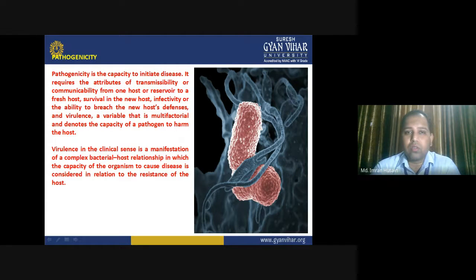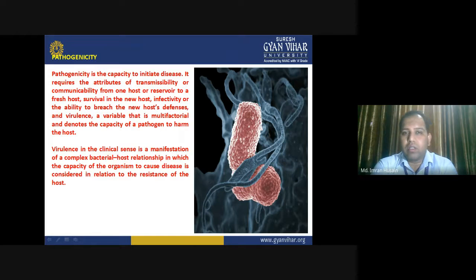It should be transmissible in nature, communicable, so it can be transferred from one individual to another, and it should also be highly contagious, easily transferred from one host or reservoir to a fresh host.